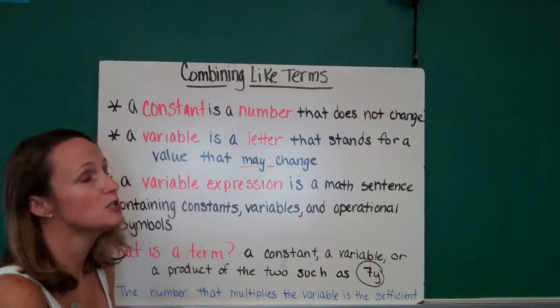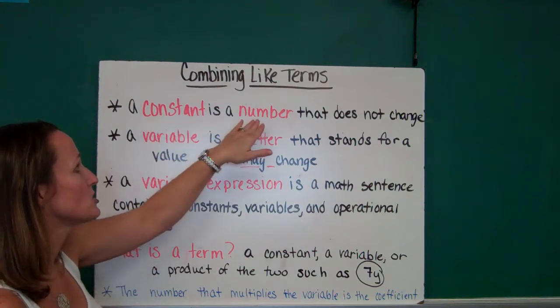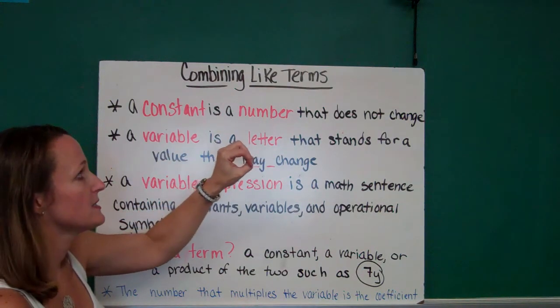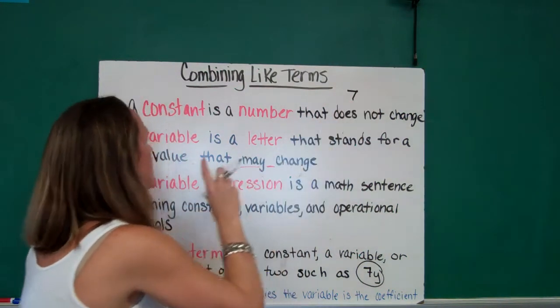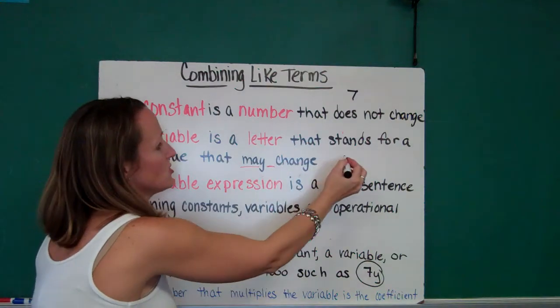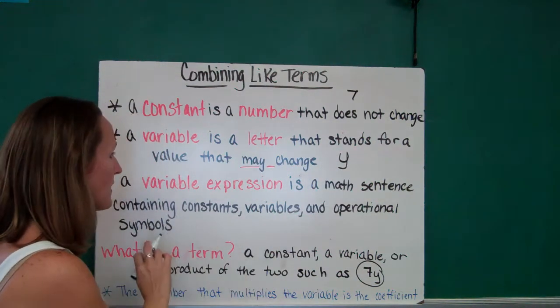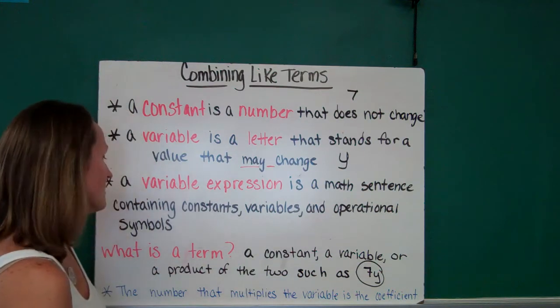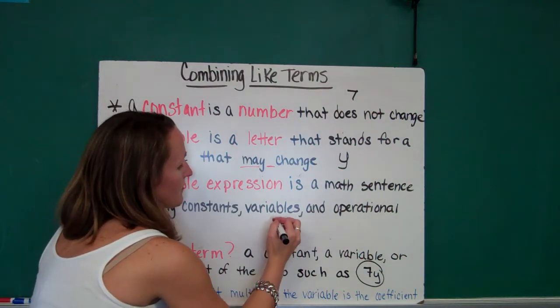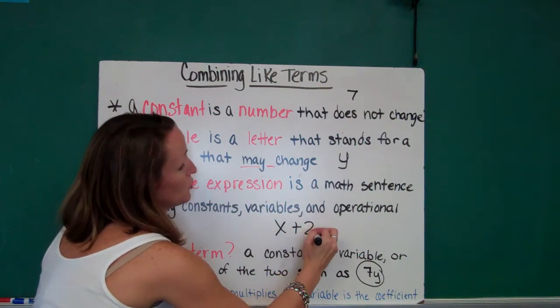So we have some new words so far. We have constant, which remember is just a number by itself, like 7. Variable, which is just the letter, like y. A variable expression is a math sentence containing constants, variables, and symbols, like x plus 2.